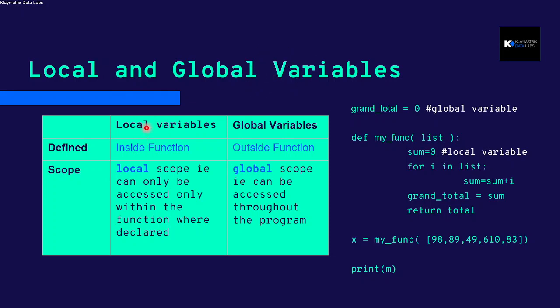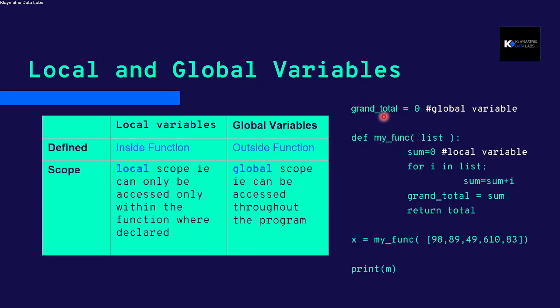About the local and global variables. Local variables and global variables we have already discussed theoretically. Local variables are defined inside the function. Global variables are defined outside the function. And as the name suggests, local variables have local scope, that is, they can be accessed only within the function, whereas global variables can be accessed throughout the program, anywhere, including inside the function as well.